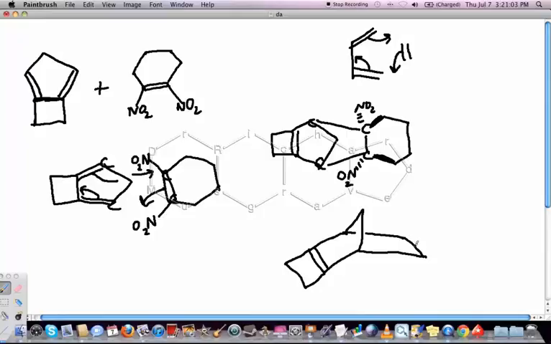Now this can either be drawn with the ring pointing downwards. That would be endo. And the NO2 sticking upwards. Alright, so this will be endo.